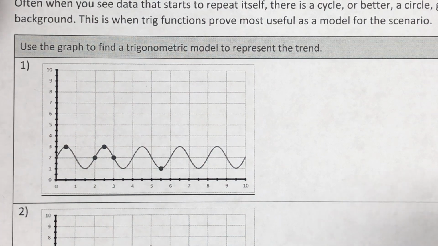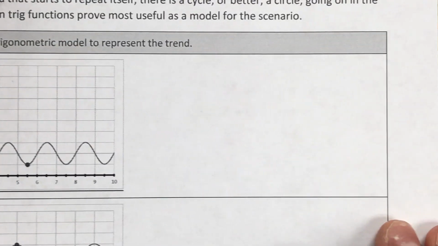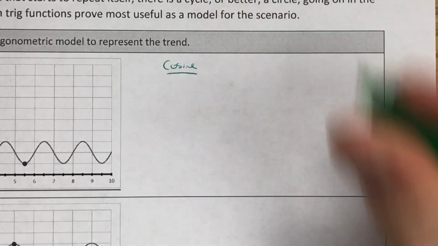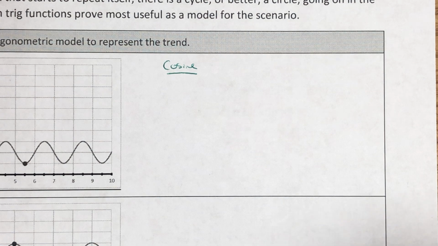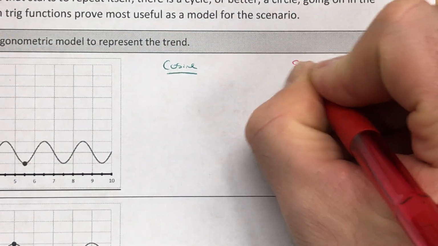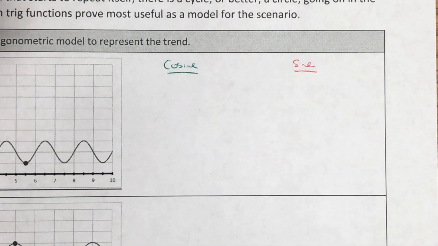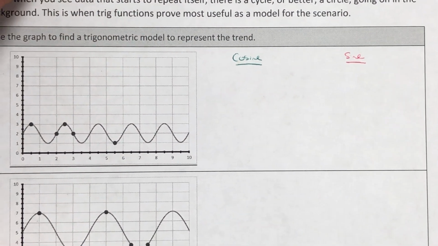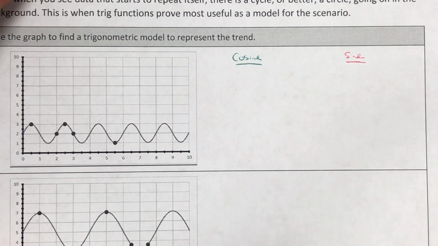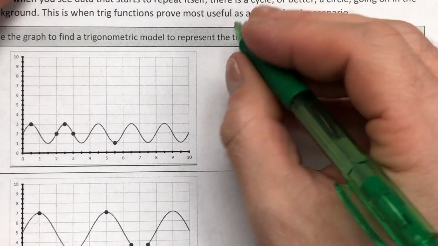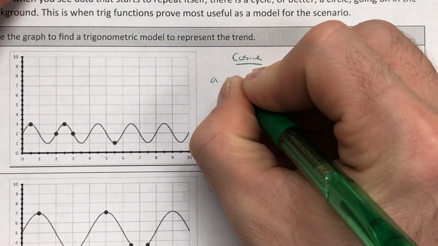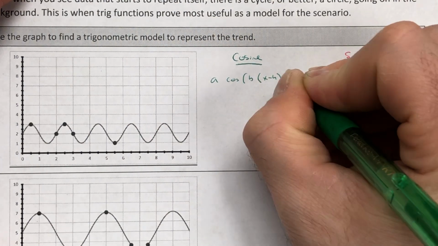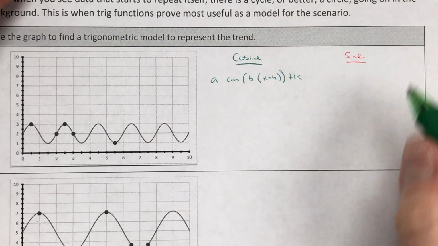Because we're dealing with sine and cosine, let's go ahead and, off to the side, mark down our cosine values and our sine values. So with cosine, actually let's zoom out just a bit so we can catch all of that in one. With a cosine value, our basic function is going to be a cosine of b(x minus h) plus k.